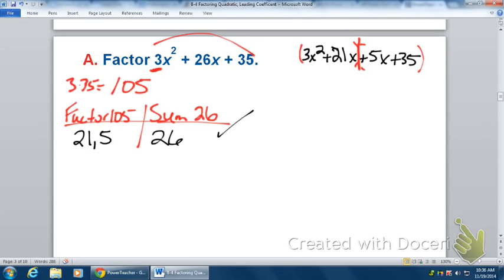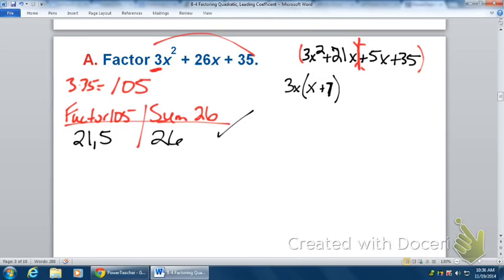Now, the greatest common factor of 3x squared and plus 21x is going to be 3x. What's going to be left inside? I'm going to have an x here. Remember, check your answer. 3x times x, 3x squared. What's left inside is another 7, because 3x times 7 gives me 21x.